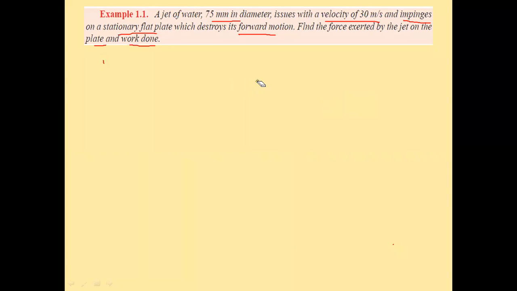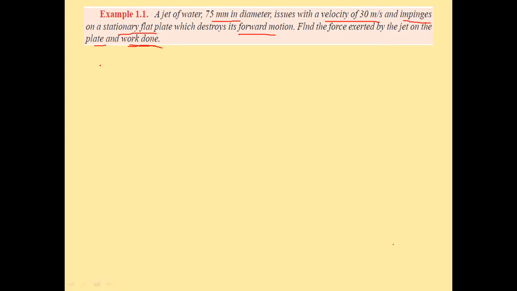Now, before checking the answer, can anybody tell me the second part of the question, that is, find the work done by the jet on the plate. What is the work done by the jet on the plate? Can anybody tell by common sense? No, what is the work done?